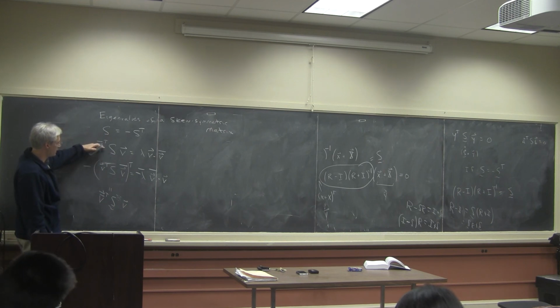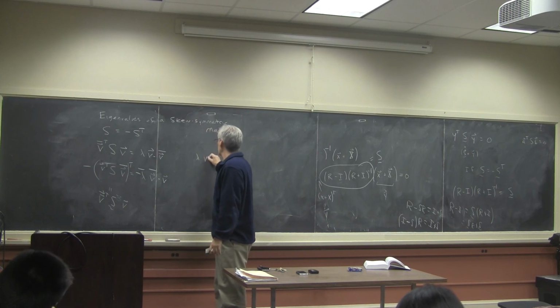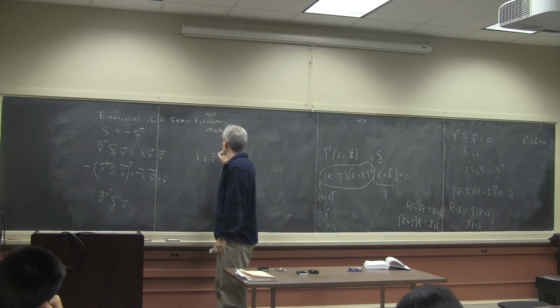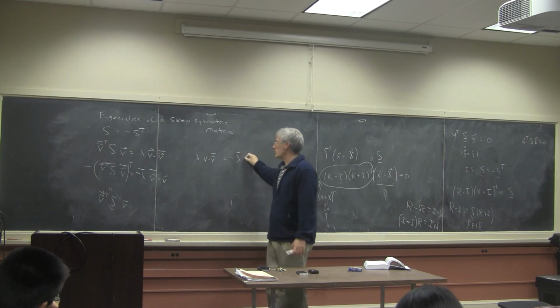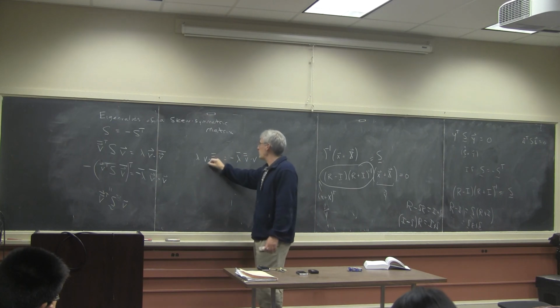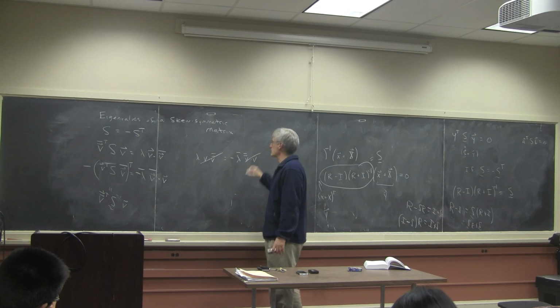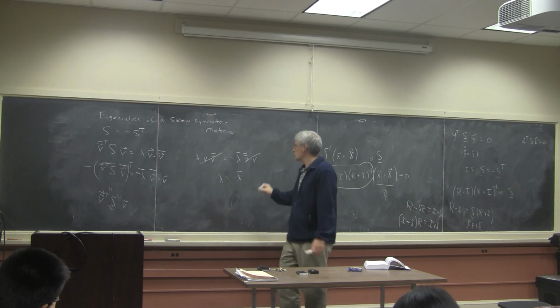So if we equate these, what we get is that lambda v dot v conjugate is equal to negative lambda conjugate v conjugate dot v. As usual, this cancels because it's not zero, so we get that lambda is equal to the negative of its own conjugate.